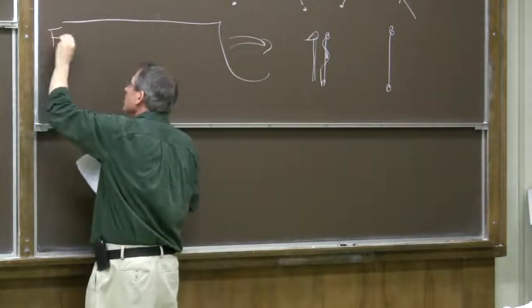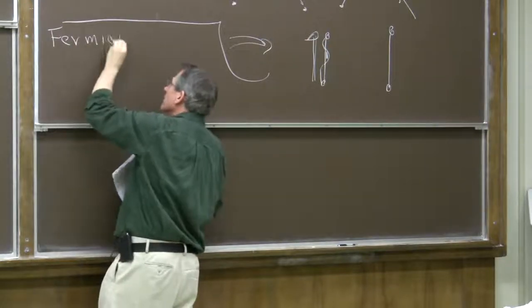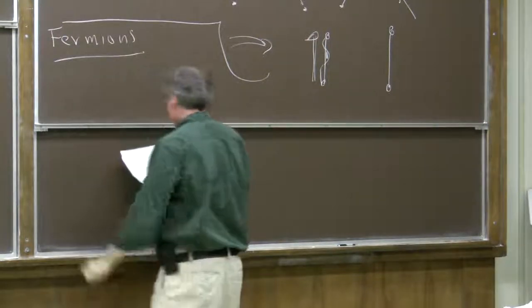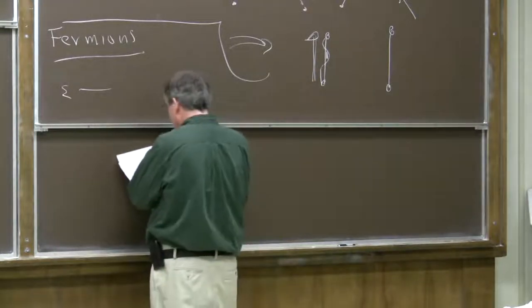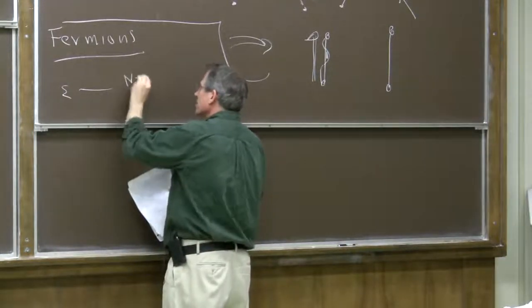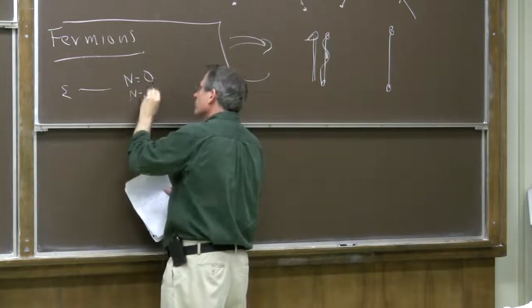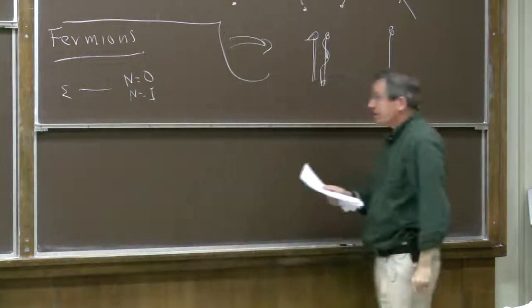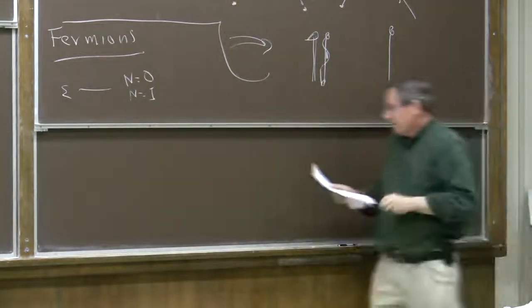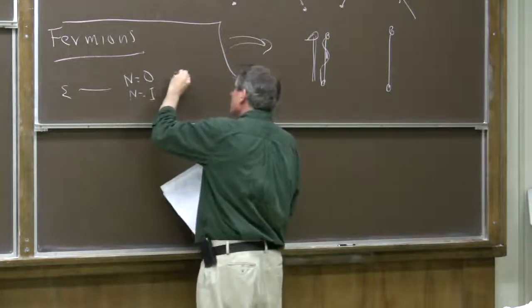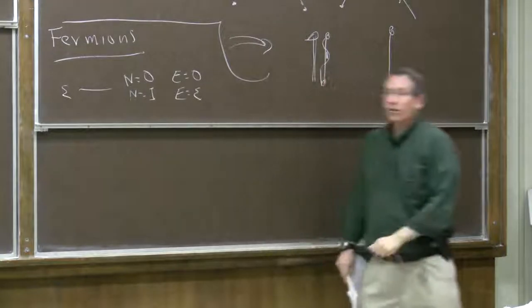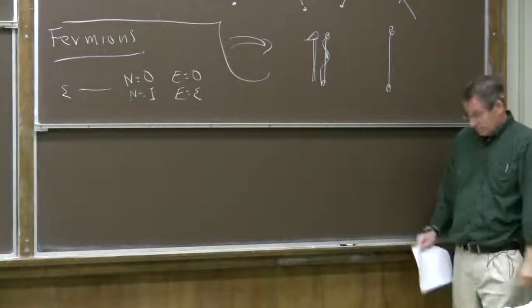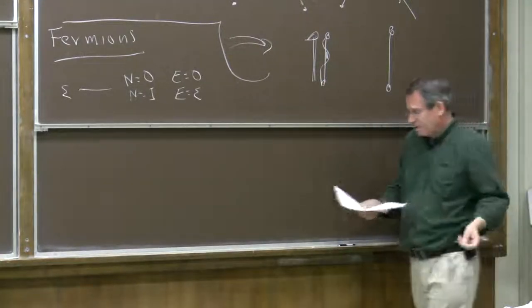So consider fermions, first of all. And look at one orbital. It has energy E. And it can either be empty or occupied. So either n is equal to 0, it's empty, or n equals 1. Those are the only possibilities for fermions for a single orbital. So the energy is either 0 if there's no particle there, or it's the energy of the orbital if the orbital is occupied.